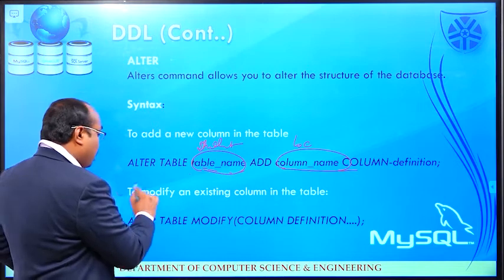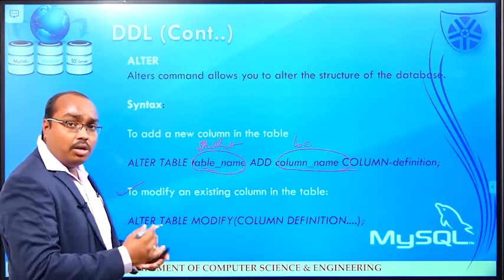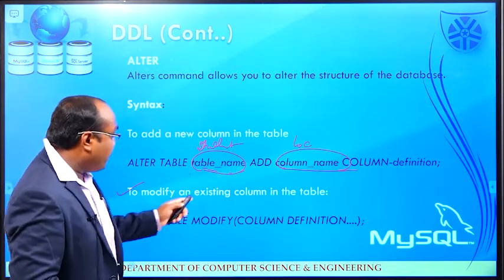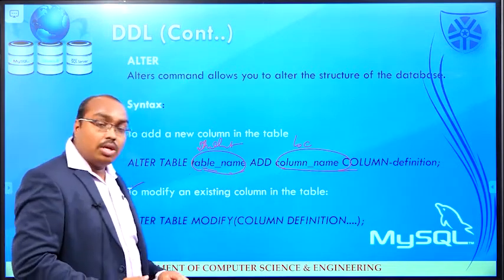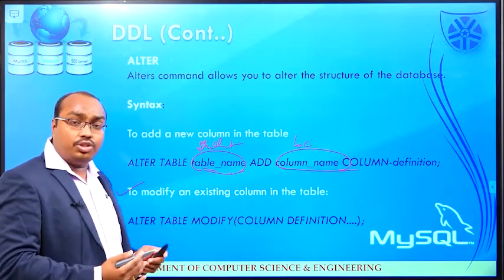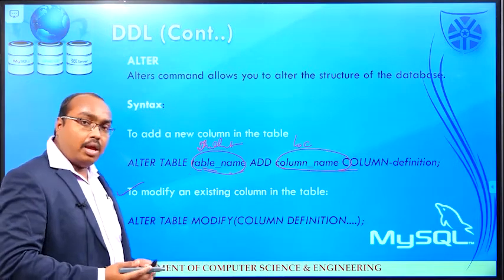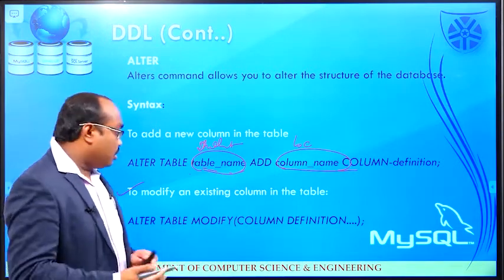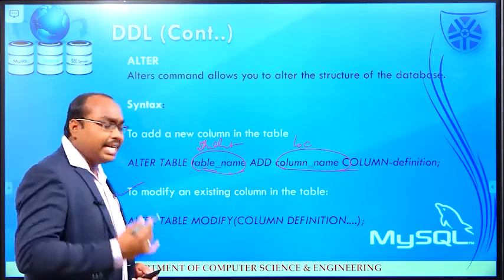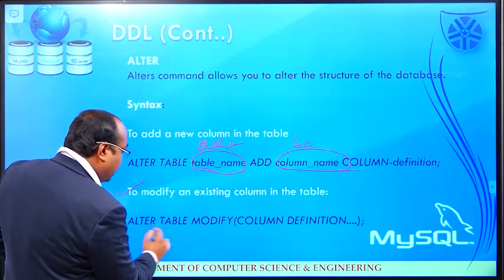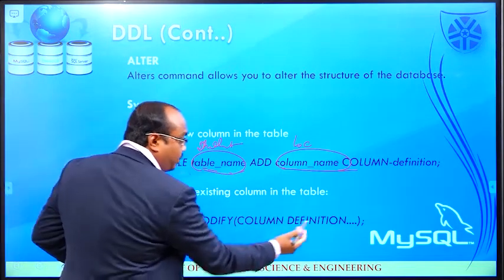And the next one, again an alter command, to modify an existing column in the table. This alter command is used to modify the already predefined data types. For example, alter table, modify column definition.